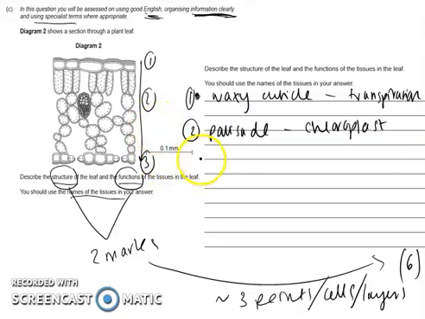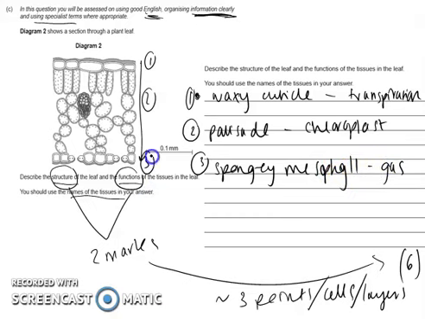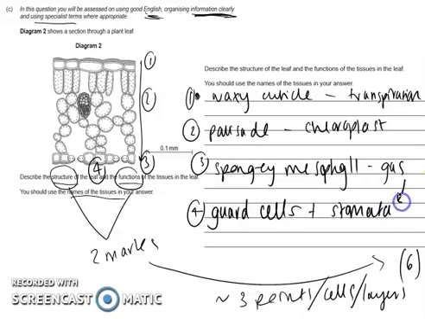You could even go on to speak about the spongy mesophyll. You could talk about the spongy mesophyll and talk about gas exchange, and this would give us enough for this answer, but if you wanted to really go that extra mile, you could talk about the guard cells and also the stomata, and that might be a nice way to finish off this paragraph that you'd write by linking gas exchange to the stomata, and you could talk about carbon dioxide and oxygen.